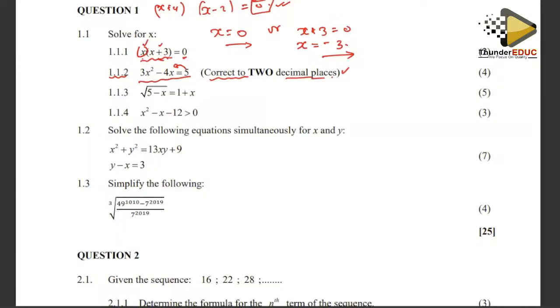All right, then 1.1.3. This is an equation with a surd form or with a surd. So there's a square root somewhere. Step number 1 is always isolate the root sign. So in this case, it is already isolated. In other words, it's being left on one side of the equal sign. For cases where probably it was going to be maybe 5 minus the square root of x minus 1 is equal to x, you have to first move this one to that side before you apply the squaring.